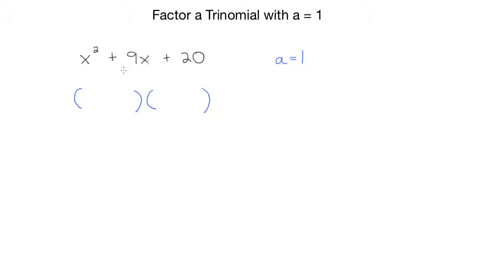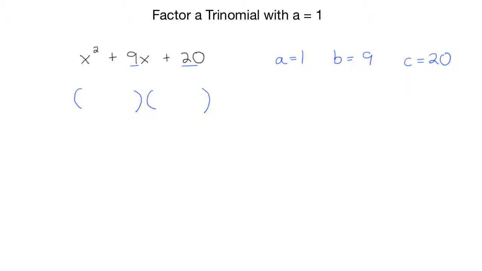My value for b is the coefficient of the middle term, and in this case, my value for b is 9. And my value for c is 20. So again, we're looking at the coefficients, and the coefficients help us know how to factor and rewrite this polynomial in factored form.